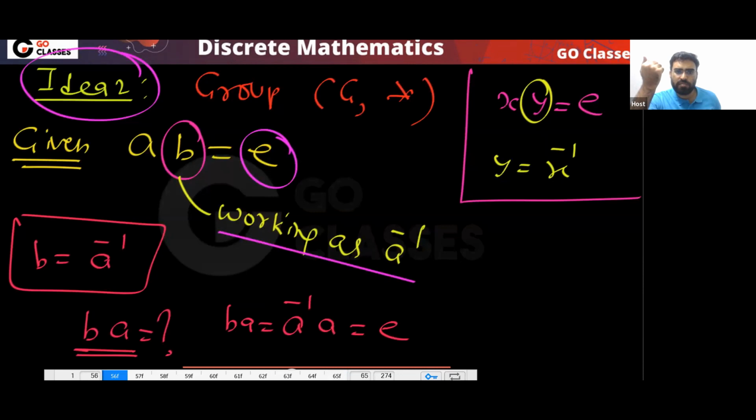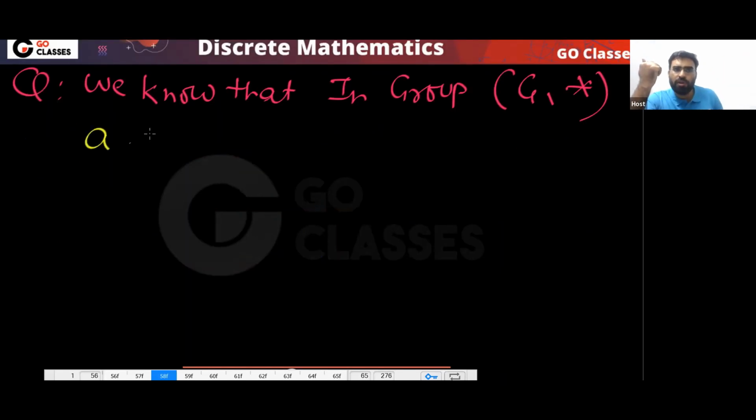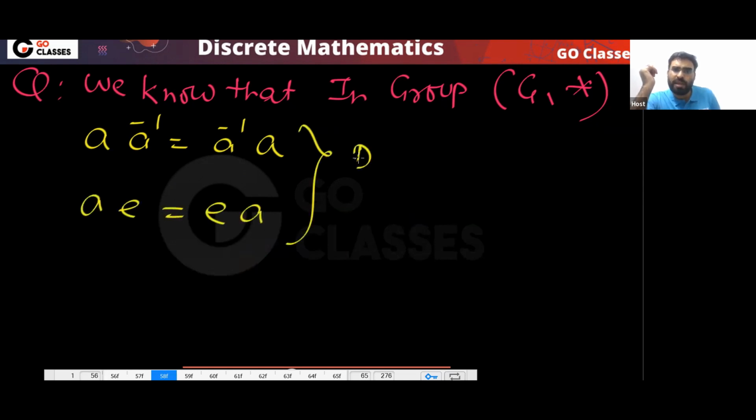This we have proven. So all these properties we have seen. Every property of a group we have seen. Did you understand them? We know that in a group, A inverse A equals A A inverse. Does it mean abelian? We also know that AE equals EA. So do these imply abelian?